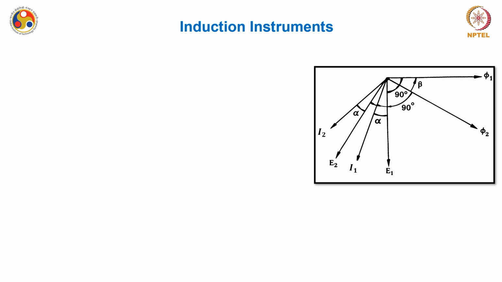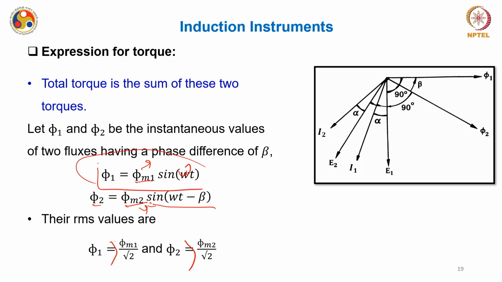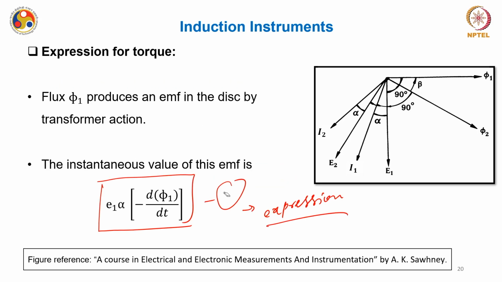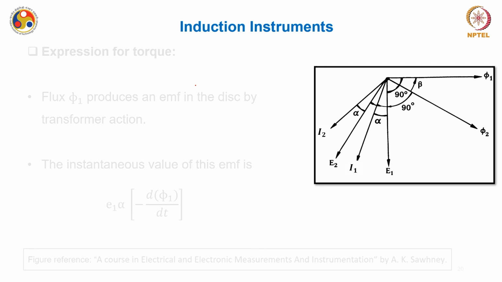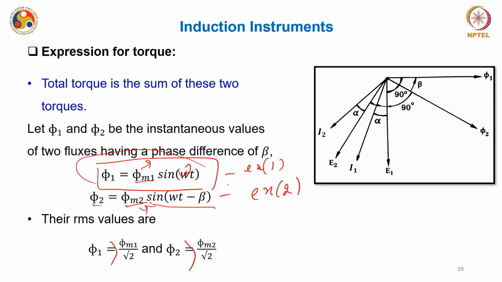Now, from this expression, let me call this expression 1 and this as expression 2 and let it be expression 3. From expression 3, E1 is directly proportional to minus d phi 1 by dt, and this phi 1 value I know from expression 1 that phi 1 is equal to phi m1 into sine omega t.